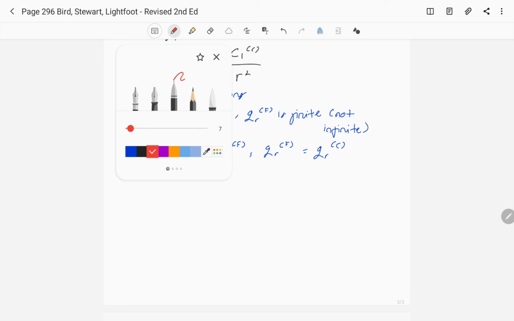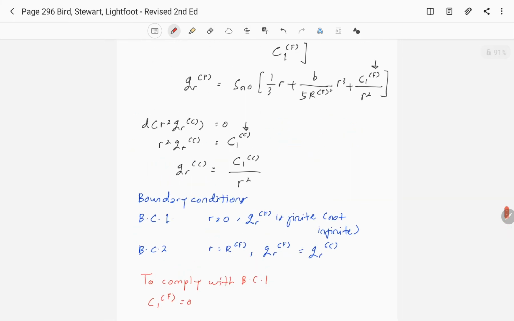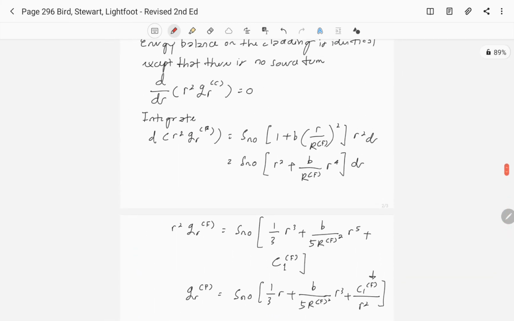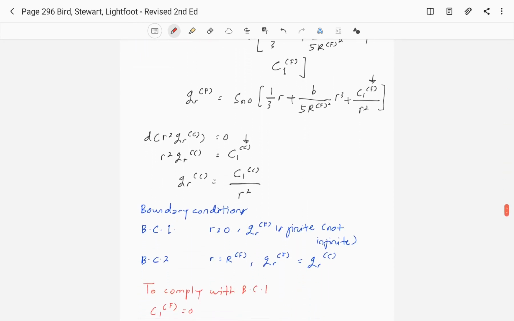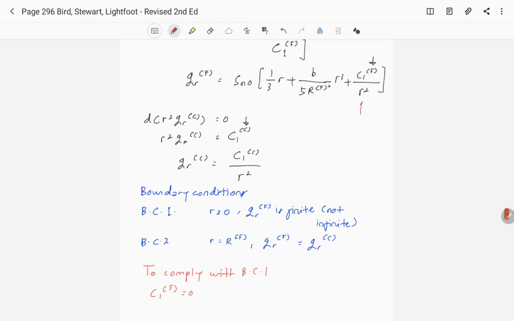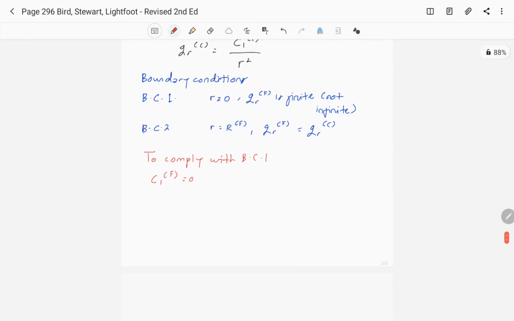Then we need to do the first one first. So in order to comply with BC1, your C1f should be equal to 0, because if at r equals 0, C1f is not 0, then you will end up with an infinite value.